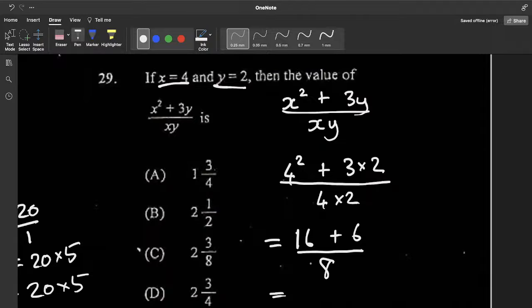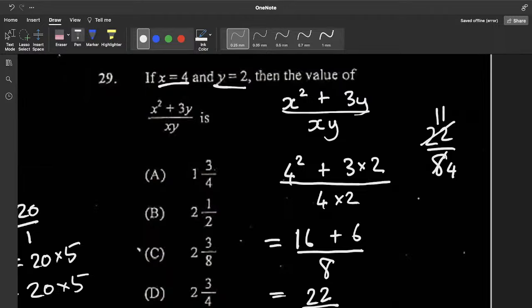16 plus 6 is 22. And then that's going to be over 8. So we have 22 over 8. We could try to reduce this now. So 2 into 8 goes how many times? 4 times. And 2 into 22 goes 11.